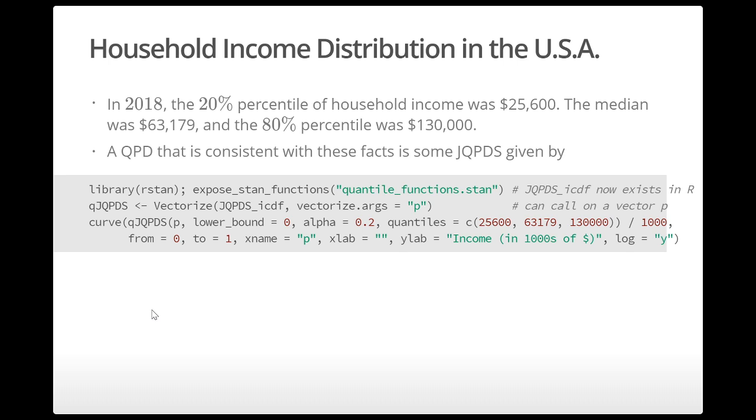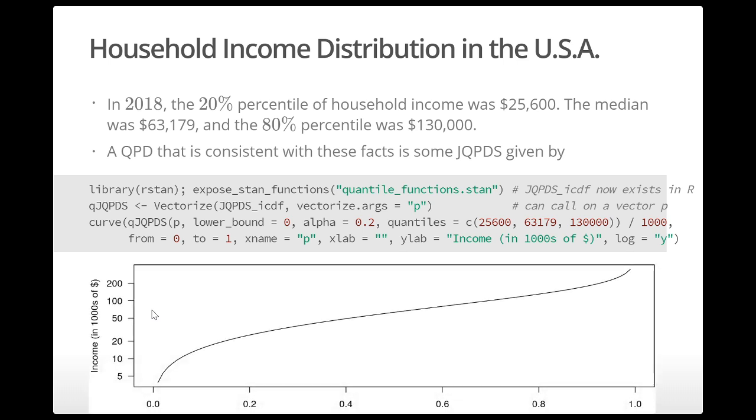I give it my 3 values, and I can plot that curve where we have the cumulative percentage of people who have income less than or equal to any value along the horizontal axis here. And on the vertical axis in log scale, we have the implied income for that household.